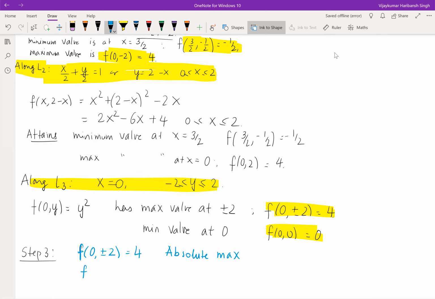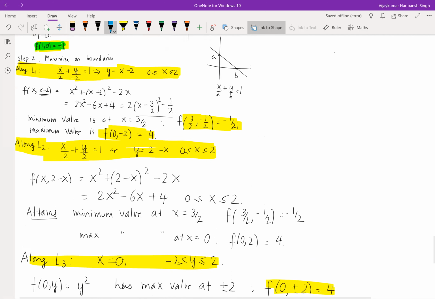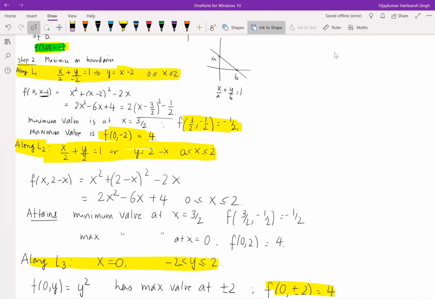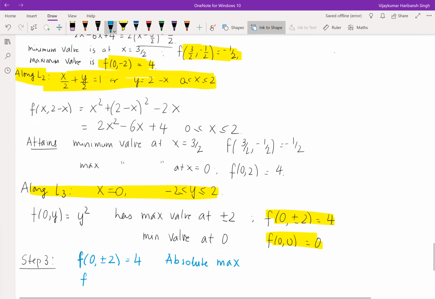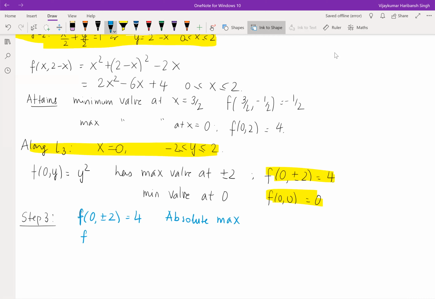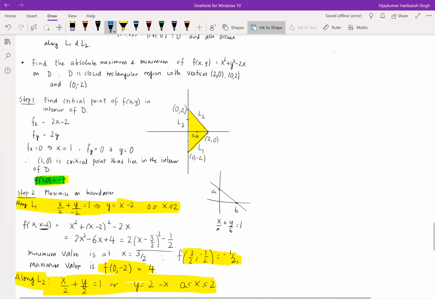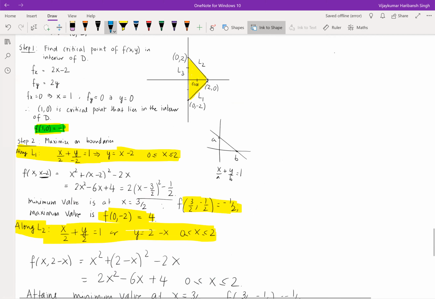And what is the minimum value? Here we get 0, and minus half seems to be the smallest, but actually not. We have f of 1, 0 is minus 1, so that is the smallest. That is the absolute minimum. So this solves the whole problem. Thank you for your attention.